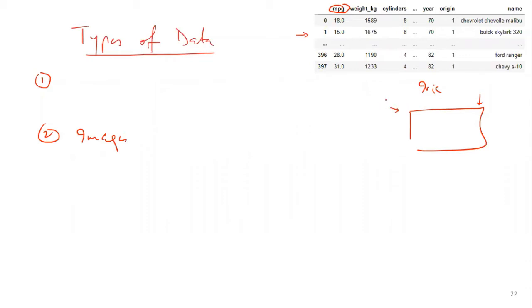Can you think structurally what was different about images as compared to these first two? Sorry? Okay, so this is two-dimensional. That's one difference, all right? So you had 2D images, and they had to be converted to 1D before we could actually work with them, right? That's one important difference.